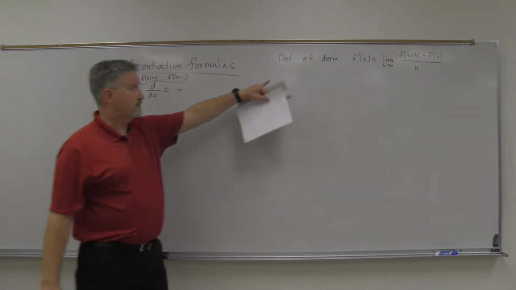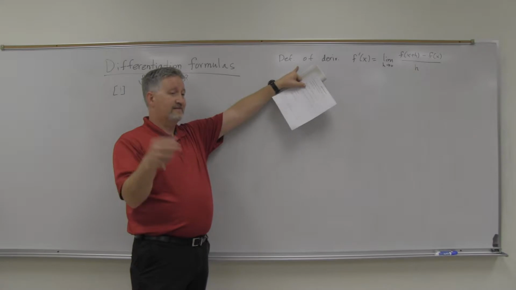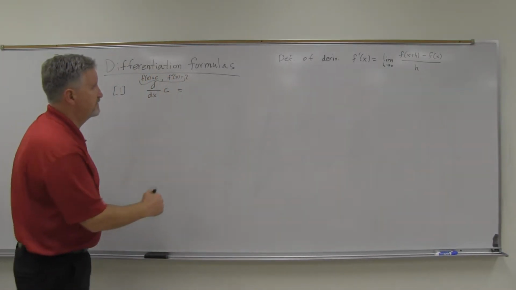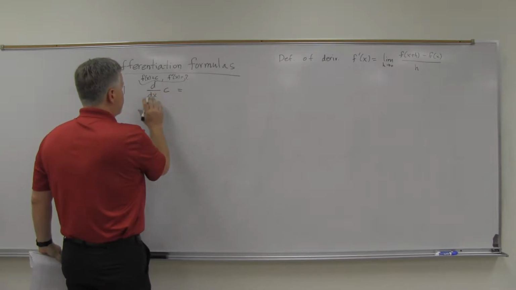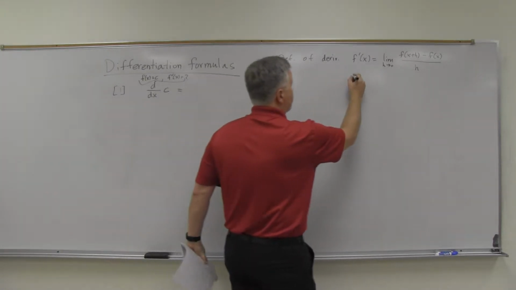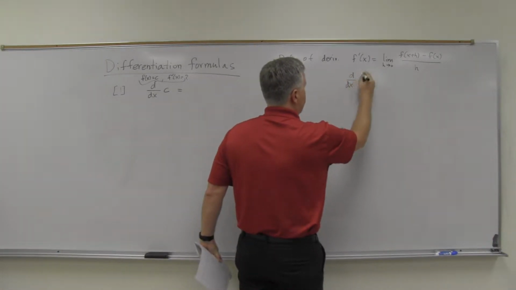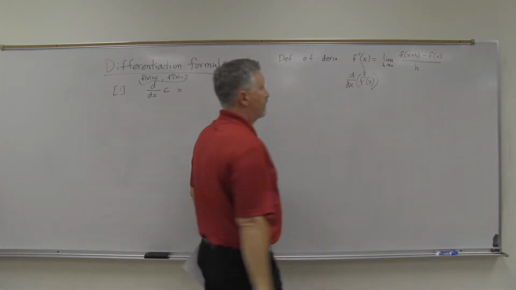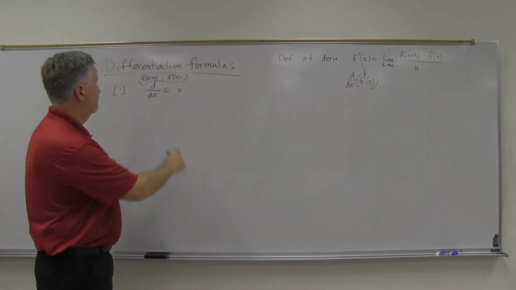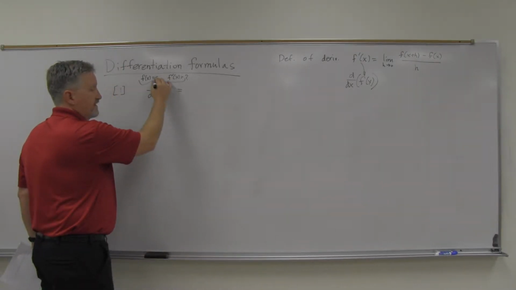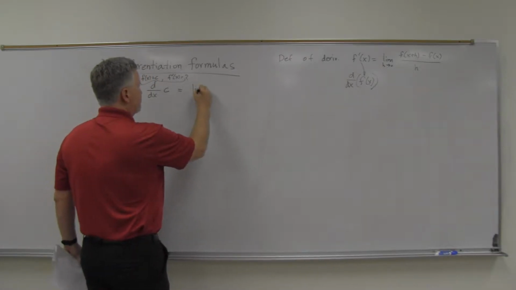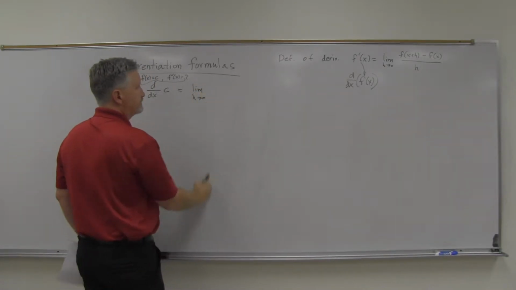Well, I am going to go through this with the definition of derivative, but then we're going to notice some patterns here. And this one's really nice because, instead of f prime of x, I'm saying, what's the d dx of f of x? So this is my f of x, the C is. All right, well, it's the limit as h approaches 0.